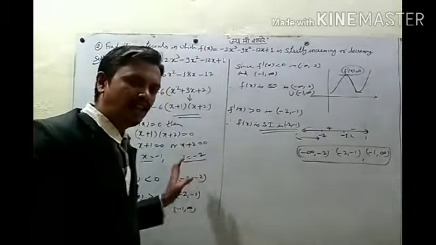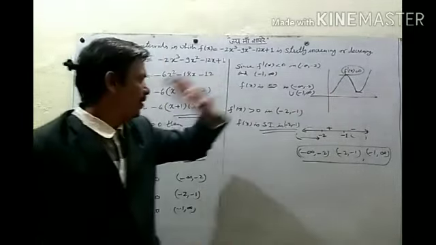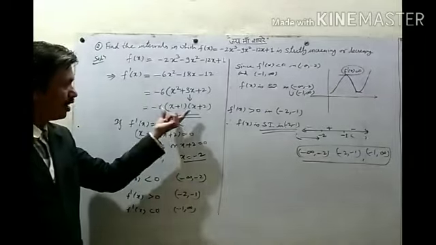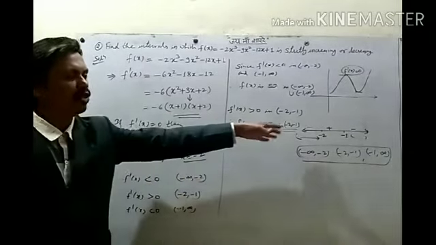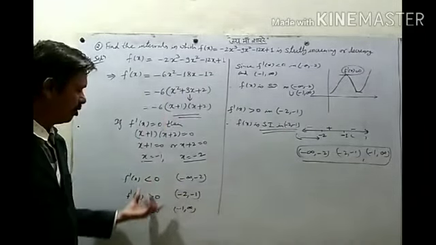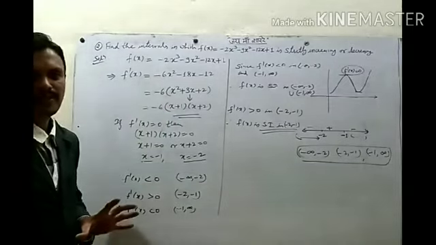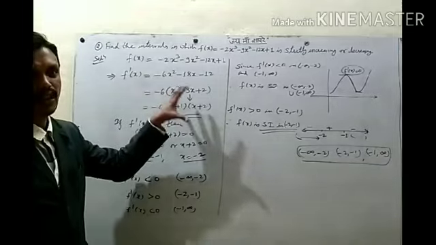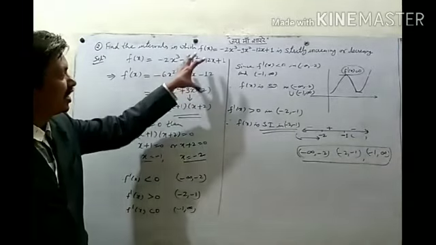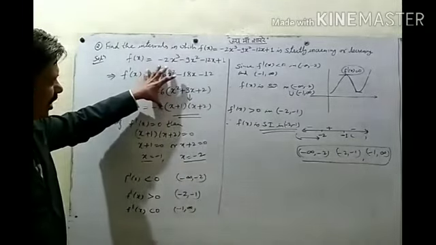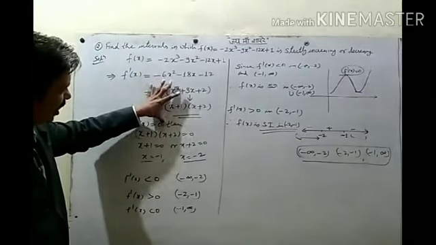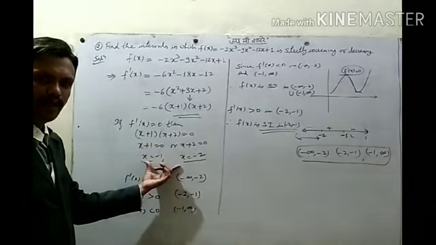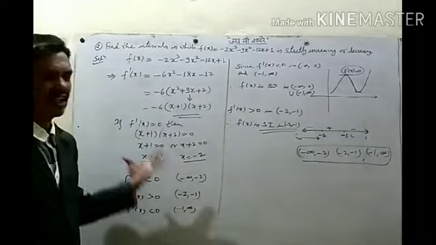If there are 3 points, we get 4 intervals. Then see the sign of the derivative function in these particular intervals. That will tell you whether the function is increasing or decreasing. Okay? These questions are very important, and 4 marks can be got easily. Simple thing: just differentiate, factorize, find the values of x, and then see the sign.